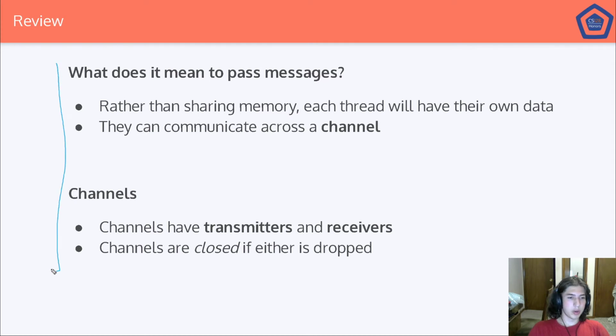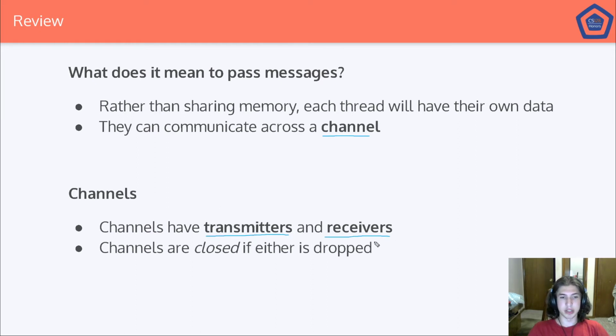We learned about what it means to pass messages in Rust between threads, essentially using messaging as an opportunity to have threads coordinate more effectively. And so rather than sharing memory, what we do is we communicate across this thing that we call a channel.